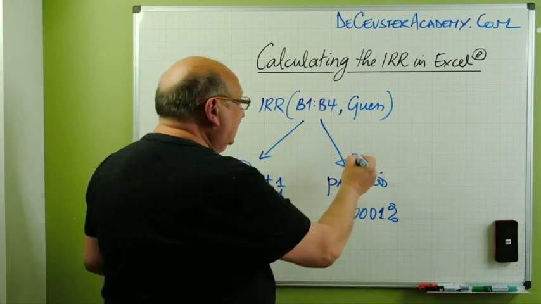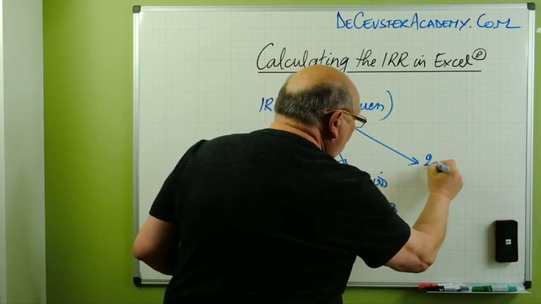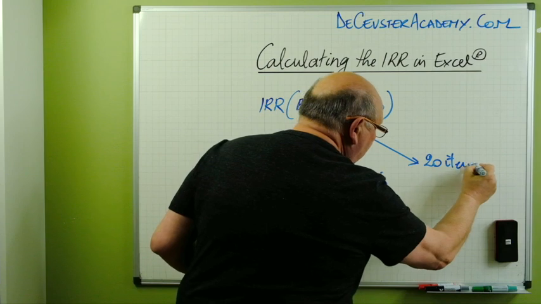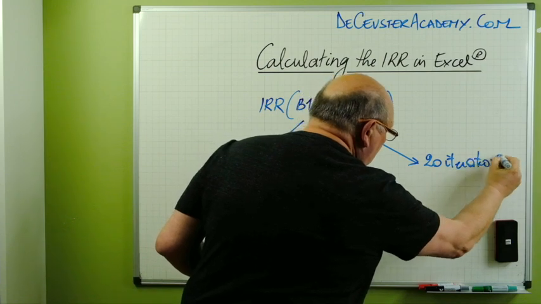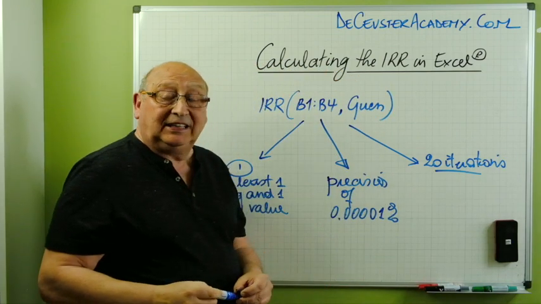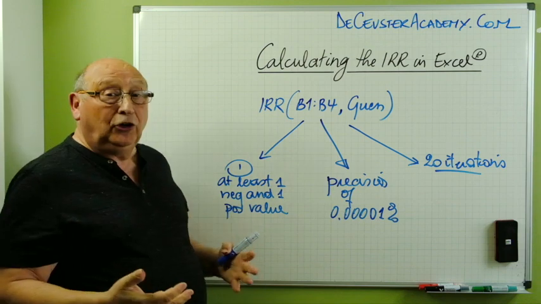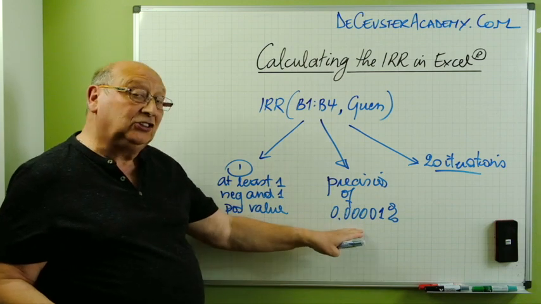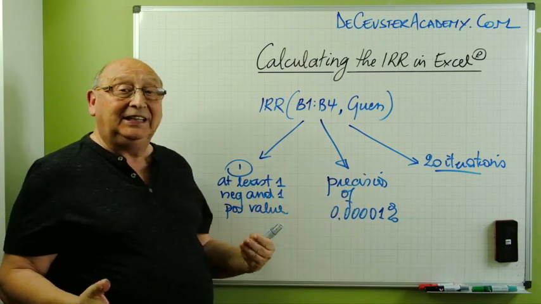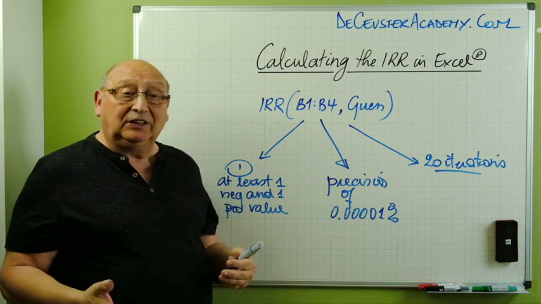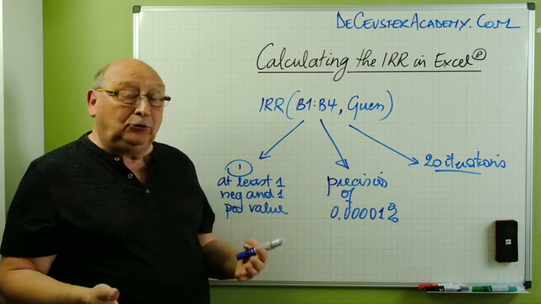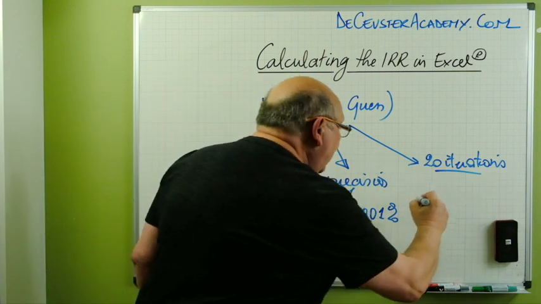Another element is there are only 20 iterations. If Excel cannot find the internal rate of return with this precision within 20 iterations, it will give an error. It will say we have a numeric error.